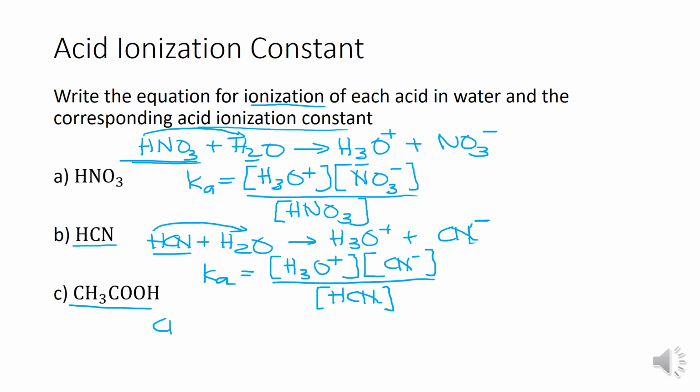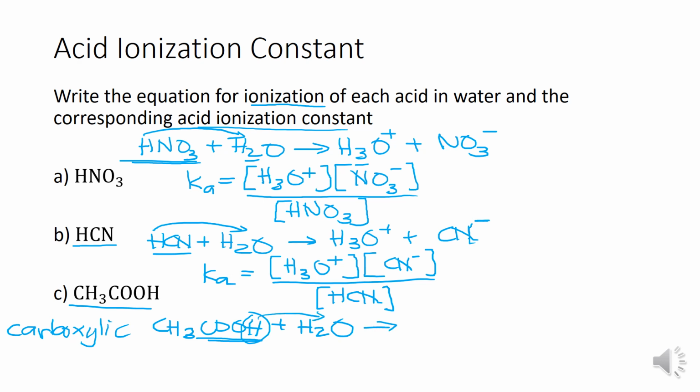Finally, we have acetic acid. So let's copy acetic acid, CH3COOH. If we add that to water, by the way, remember in acetic acid we have this group, which we call the carboxylic acid group. So in this group, this hydrogen will be given away to water, to produce a hydronium ion.